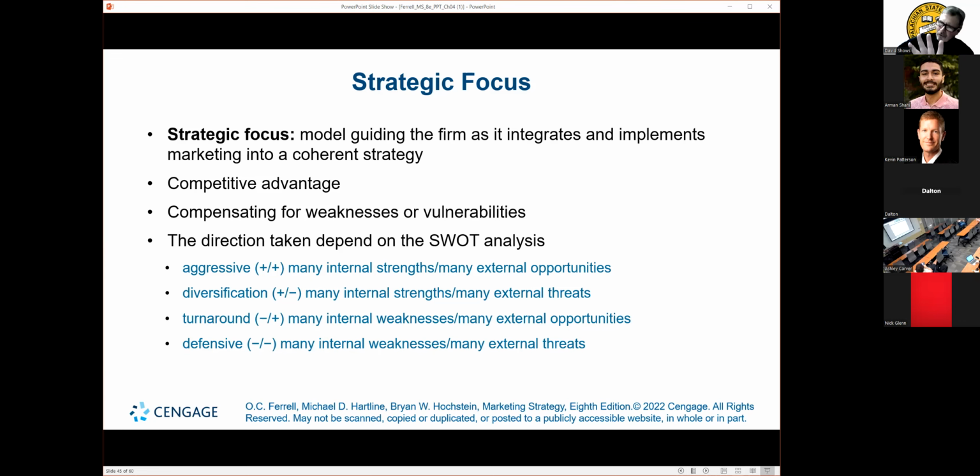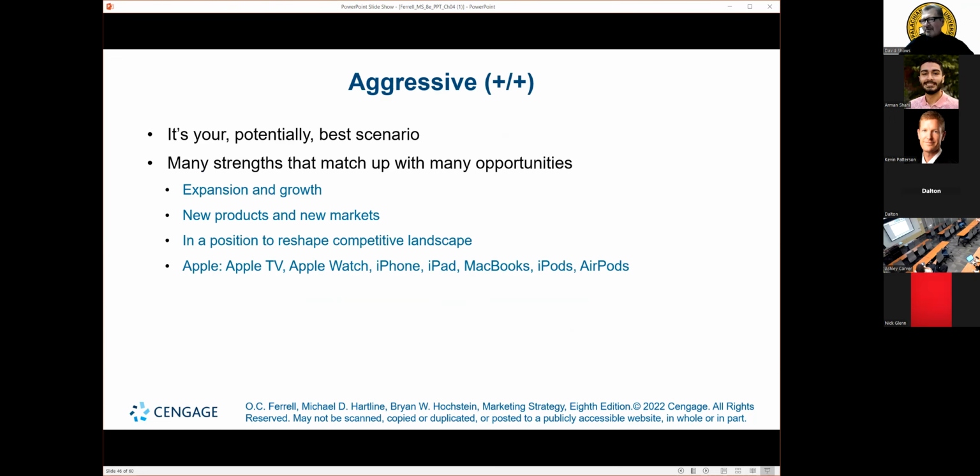And so we have 4 ways that we can develop this depending on our strengths and our opportunities and our weaknesses and our threats. So if we have many strengths and many opportunities, we will be aggressive. Many strengths, many opportunities. It may be potentially the greatest scenario.